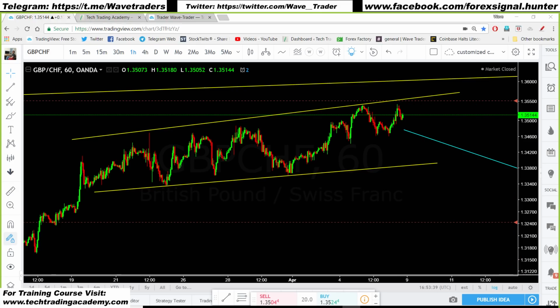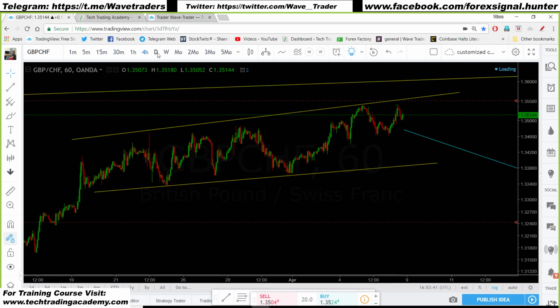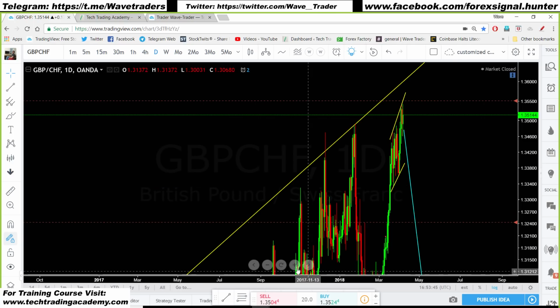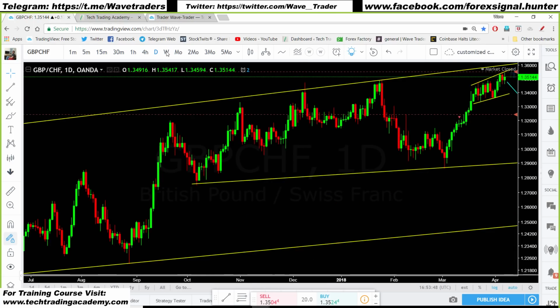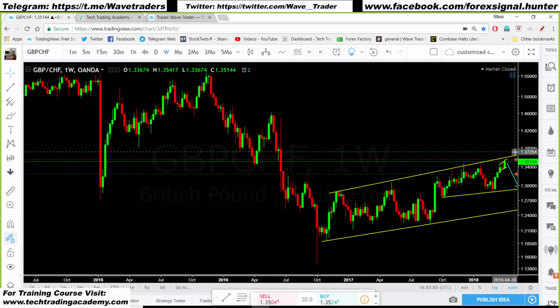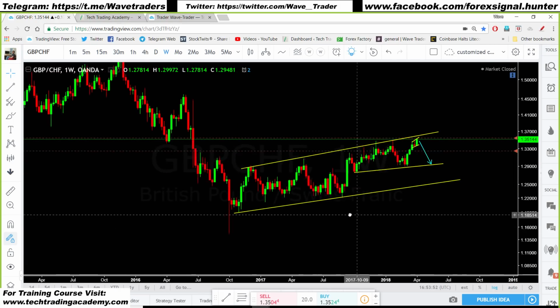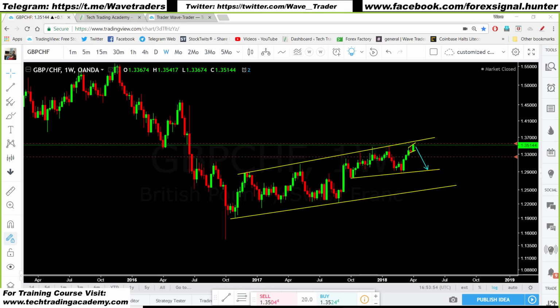So the longer term trade is bearish on it. Price needs to test the bottom again on this pair, at least this area. This is the wave, at least this area. This is a correction. You see that?